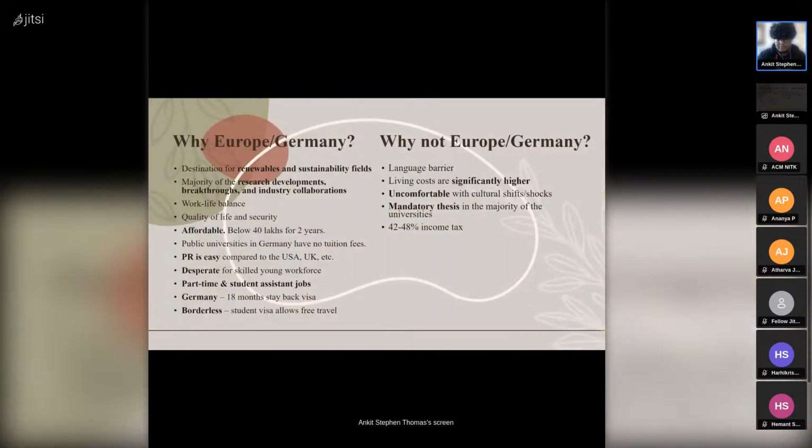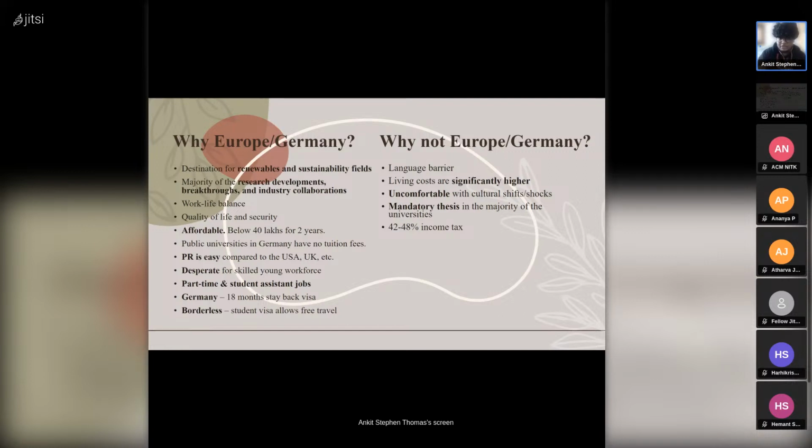Why Europe, why should you consider Europe, and why shouldn't you consider Europe? So if you're someone who's interested in sustainable development, renewables, and that sort of space, then I would say Europe is the place for you, because if you see the majority of the research developments and breakthrough technologies that are in the market today, they're majorly from Europe. I'll give you one statistic.